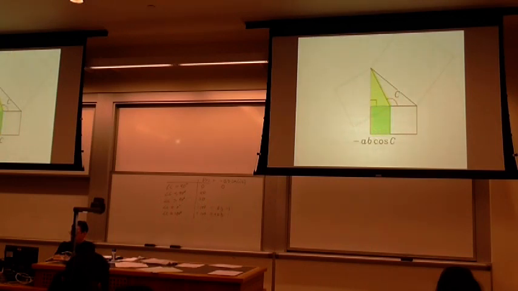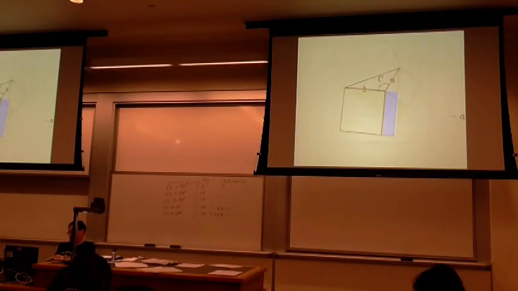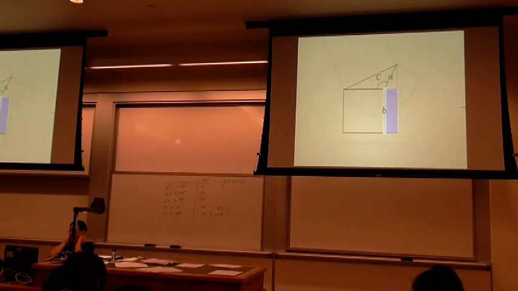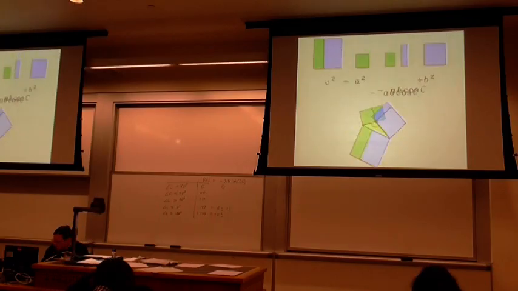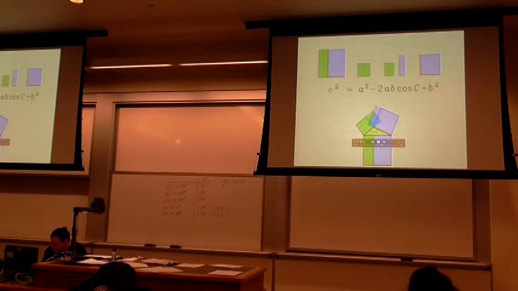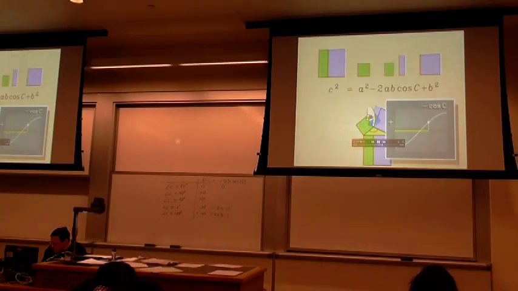So the area of the green rectangle is the negative of AB cosine C, which is a positive number. That's also the area of the blue rectangle. And we end up with the same formula as before. The cosine, positive or negative, tells us whether to subtract or add areas.